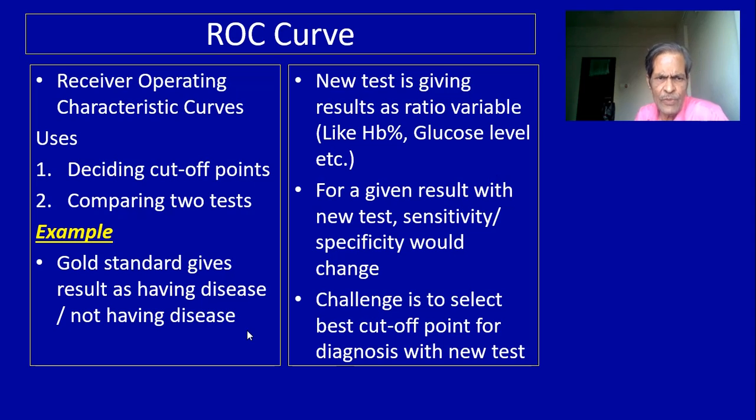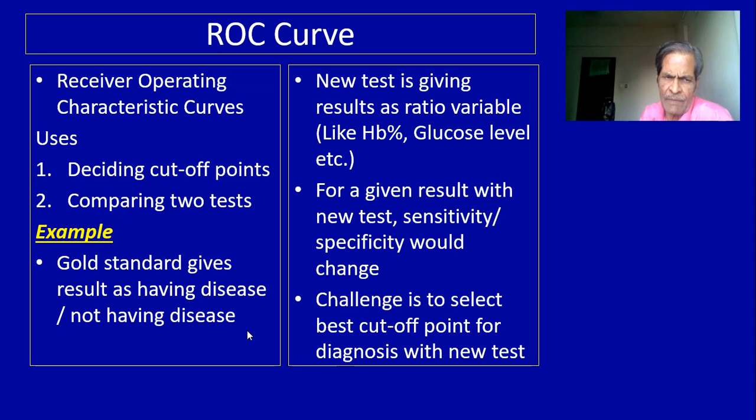So the results of the new test may be obtained in the form of a ratio variable, whereas the gold standard may be expressed in the form of a nominal variable, that is, whether the disease is present or not. Then we have to decide the cutoff point for the test, at which we will say that the disease is present, and if the values are lower than that particular value, we will say that the disease is absent.